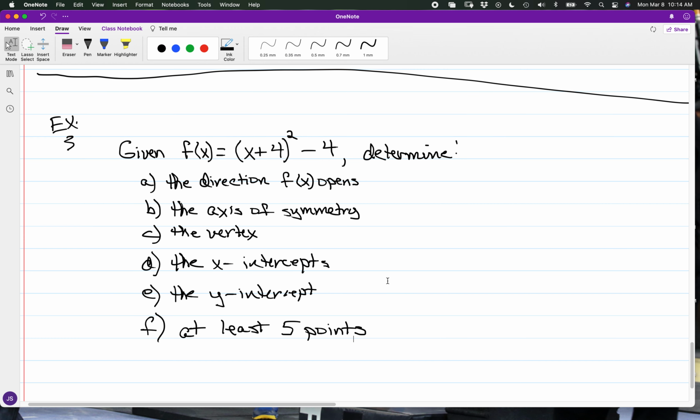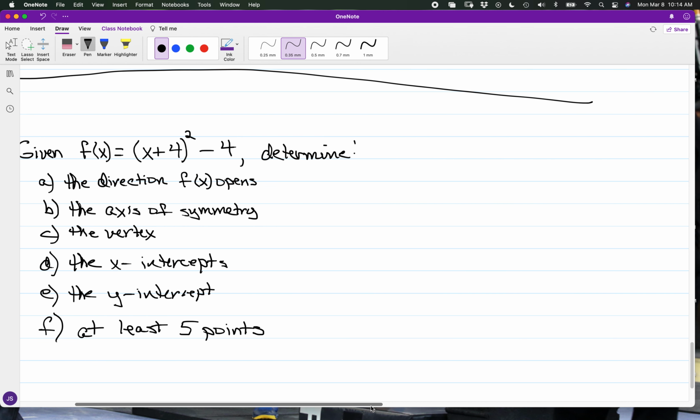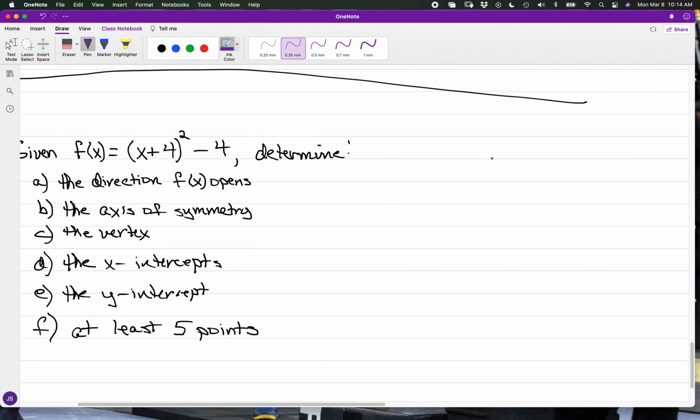Okay, so just referencing what we have once again. For the first 3 components, this function is already laid out in vertex form.